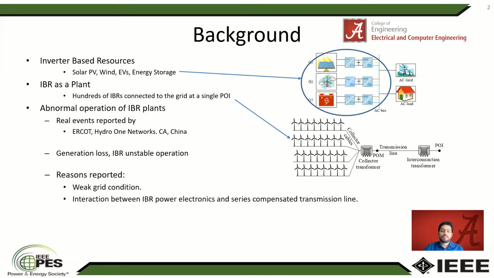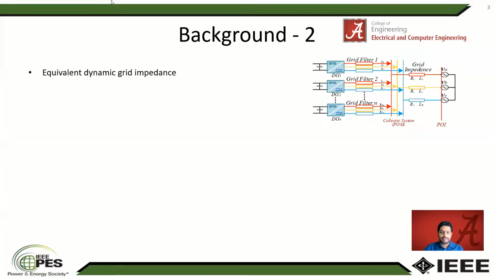They assume the reasons are the weak grid conditions and the interactions of IBR power electronics with the series compensated transmission line.